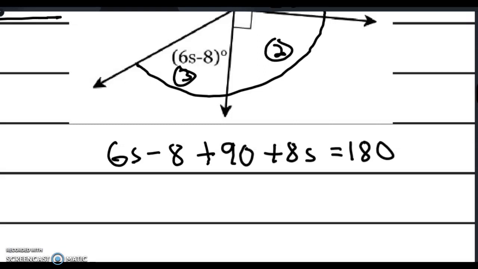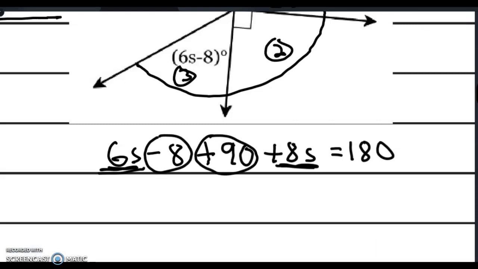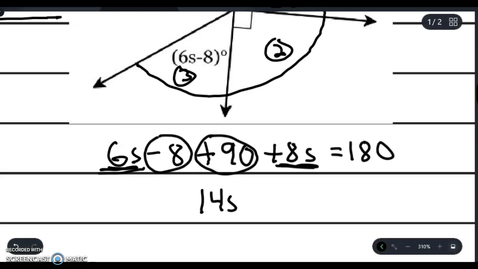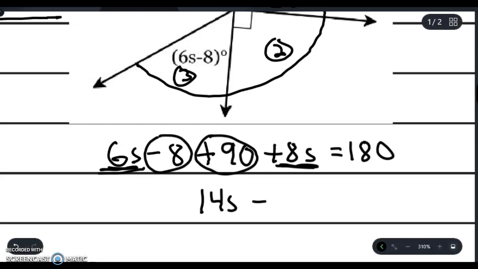We're going to combine terms, everything with a variable here, 6S, 8S, and our constants, negative 8, positive 90. So 8 and 6 is 14S, and 90 and negative 8 is positive 82.